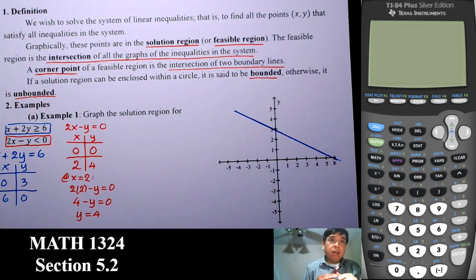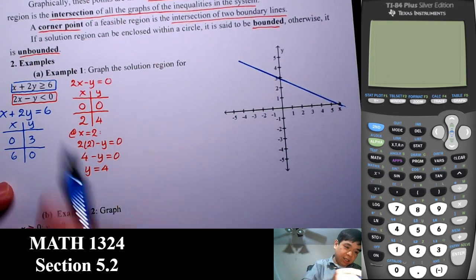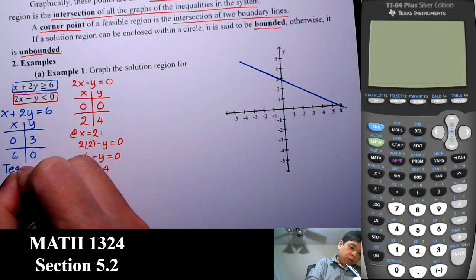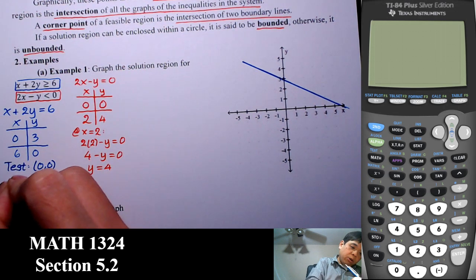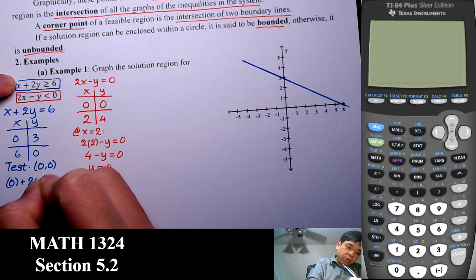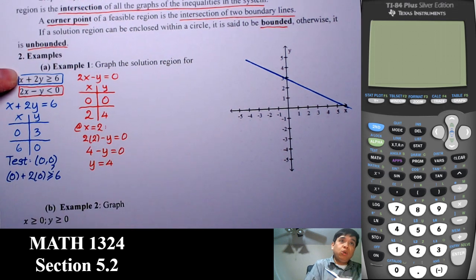Now for this one, okay, test one. We don't have the point 0, 0 on the line here, so we can test 0, 0. Put 0 for x and 0 for y, and we test if it is true or not.